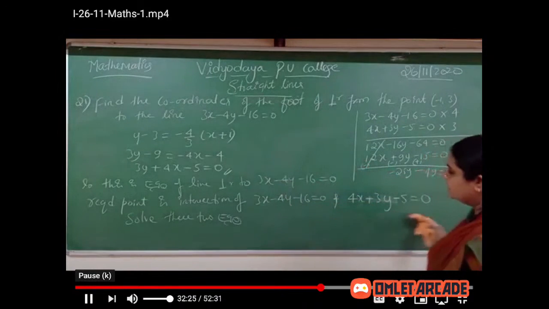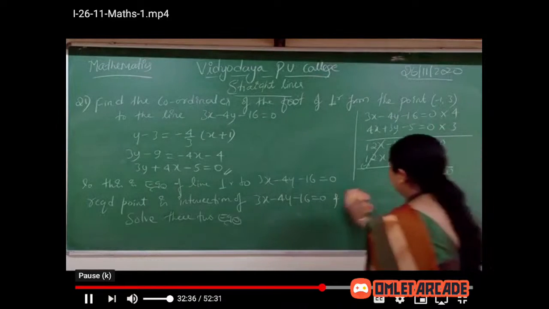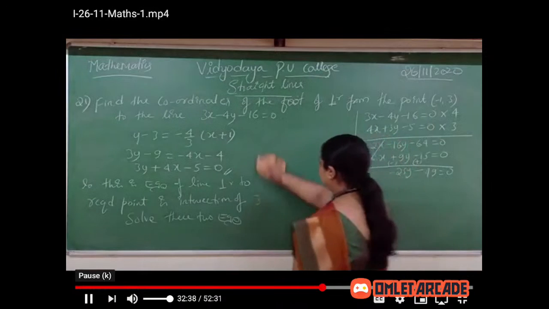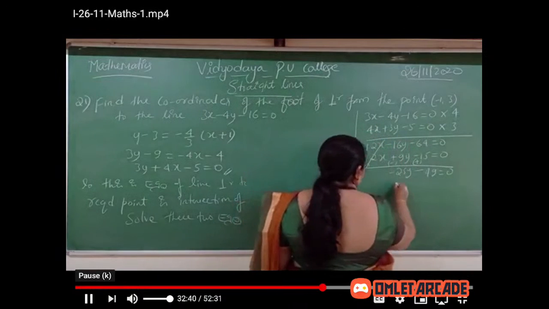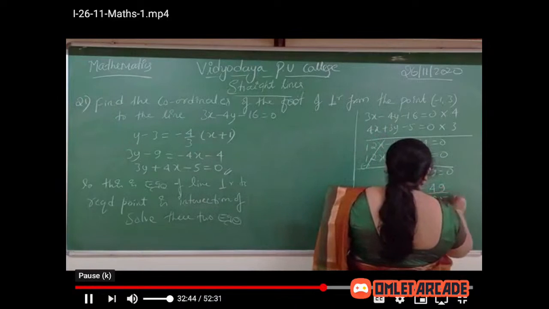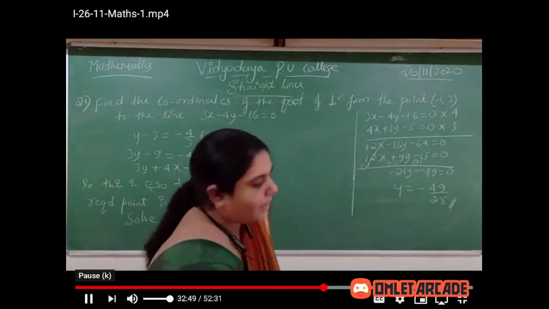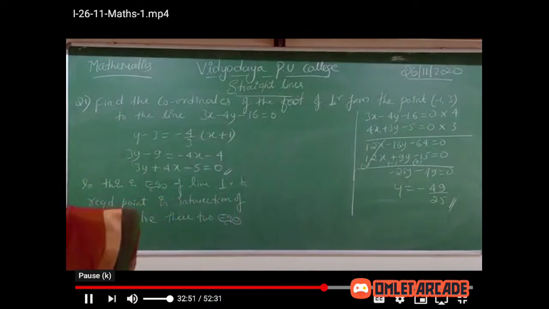Let me continue here. First, copy this entire thing. Solve these two equations. I am solving here. Okay? Pause the video and write down everything. Let me remove this. So, y value will be minus 49 by 25. Isn't it? Minus 49 by 25 is the y value.